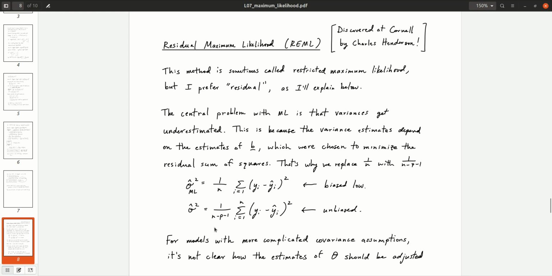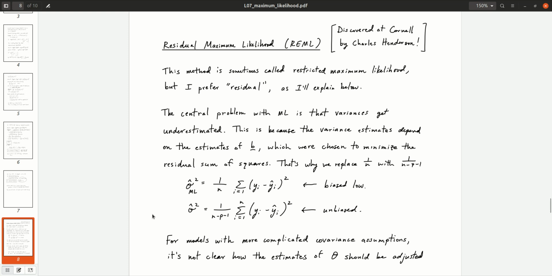Now, the estimate we derived before was this one, where it's the same thing, except you divide by n minus p minus 1. And we used that estimate because it's unbiased, and we worked out why that's the right unbiased estimator, and it has to do with the dimension of vector spaces and so on and so forth.